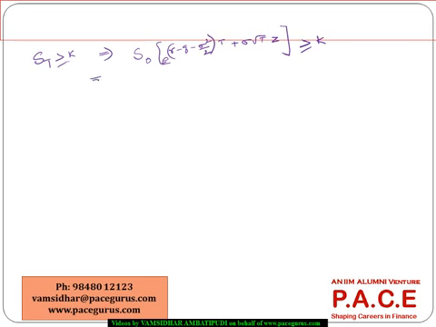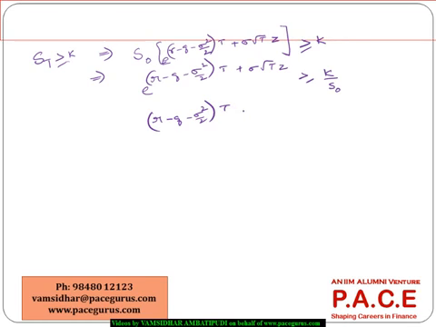Again, a simplification now. e to the power of (r minus q minus sigma squared by 2) times T plus sigma root T Z is greater than or equal to K by S naught. Taking the log, (r minus q minus sigma squared by 2) times T plus sigma root T times Z is greater than or equal to log K by S naught.